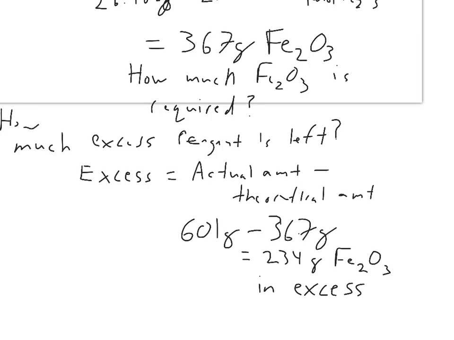That's an excess reagent type problem. You could also use this to calculate your limiting reagent as well. It's good to have a couple of methods at your disposal for these types of problems.